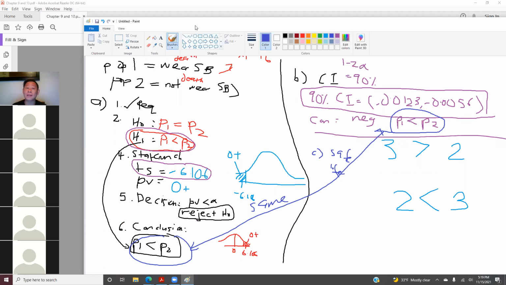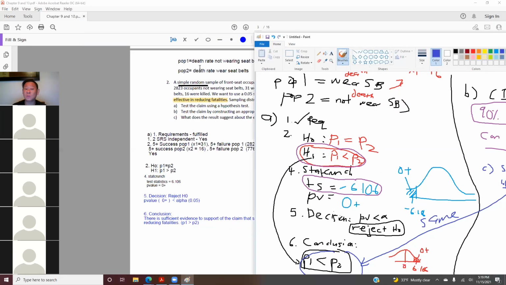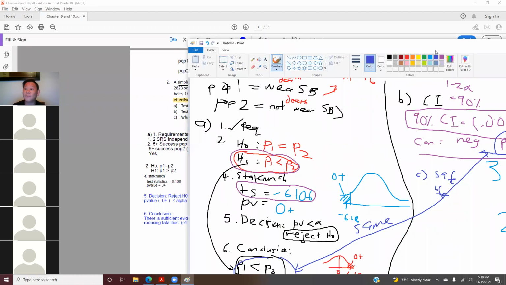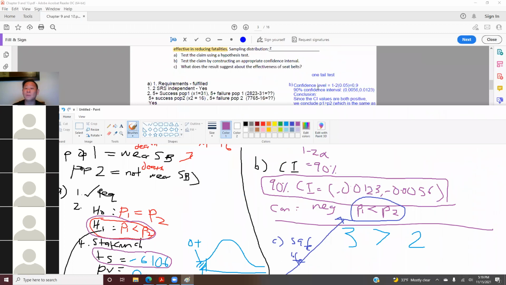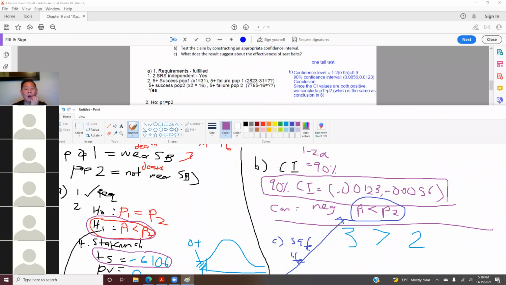So no matter what, if you switch these two around, your hypothesis H1 will be different. Your test statistic will go from positive to negative, and your confidence interval will also be a little bit different, but your conclusion is going to be the same. That means in this case, seatbelts will save lives.